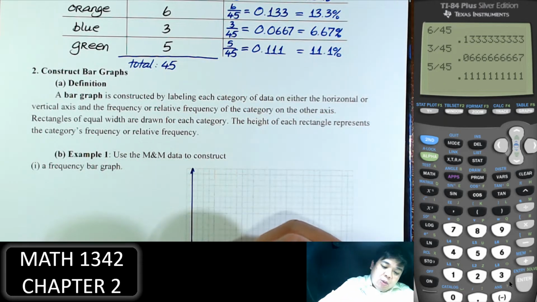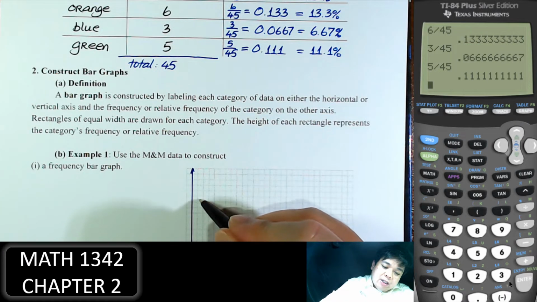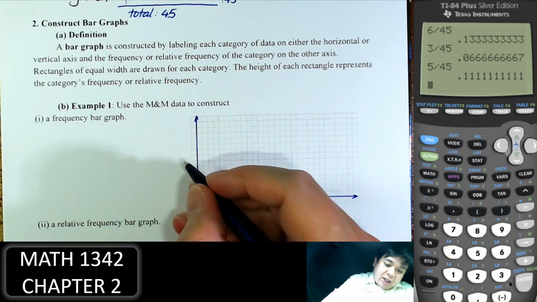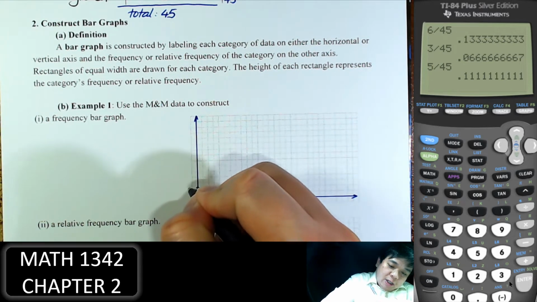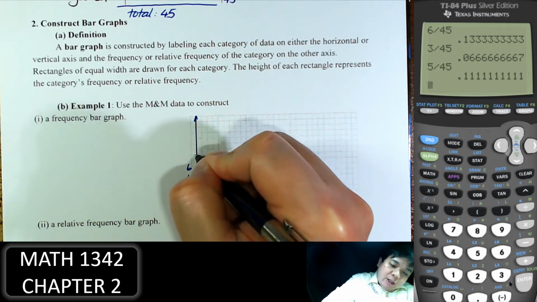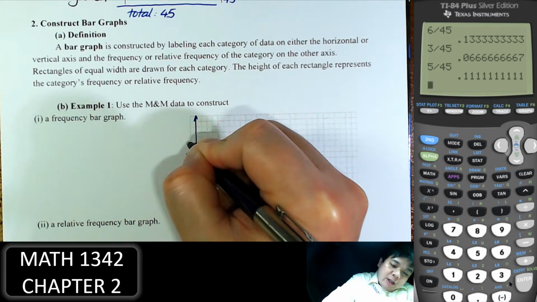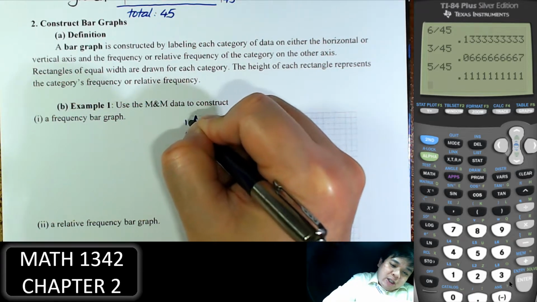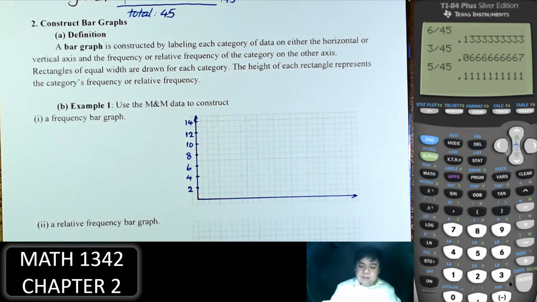So 1, 2, 3, 4, 5, 6, 7, 8, 9, 10, 11, 12. Okay, that's good. So we say 2, 4, 6, 8, 10, 12, and this will be 14. Now we'll just draw a bar for each.